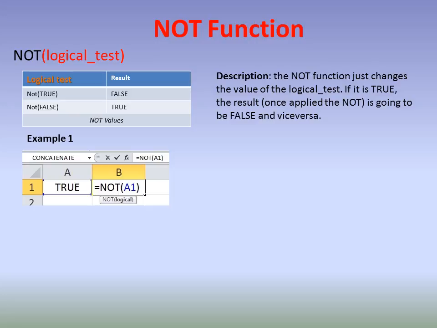In example 1, you see that in cell A1 you have the value true, and in cell B1 you have the function NOT. Once you have applied this function to the cell A1, you have the value false. It means the opposite value.